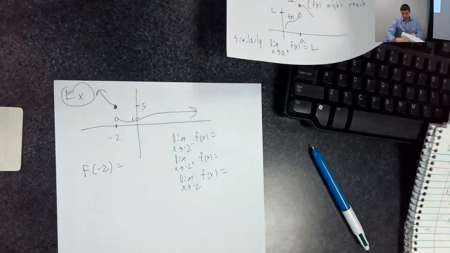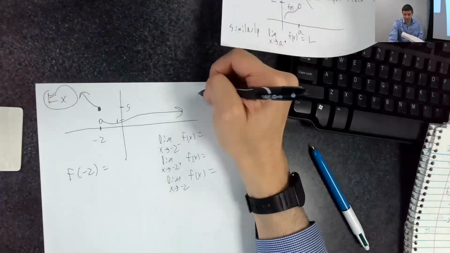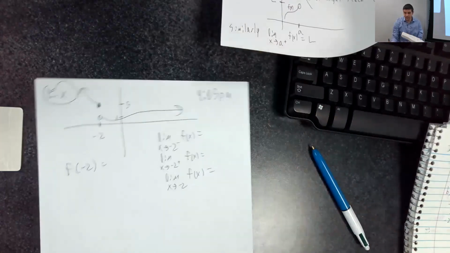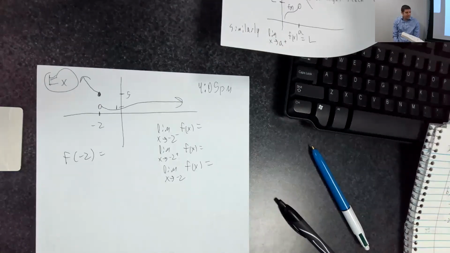Okay, so if you guys need to take a break, take a break. I'll do this one at 4:05. Take a break if you need to, but otherwise, see if you can compute those limits. Okay, it's a more standard one. And if you want me to check your work, you could raise your hand. I can check your work if you have any questions.